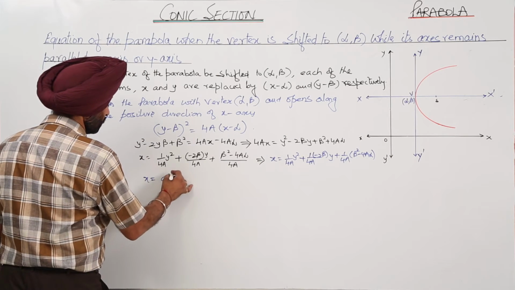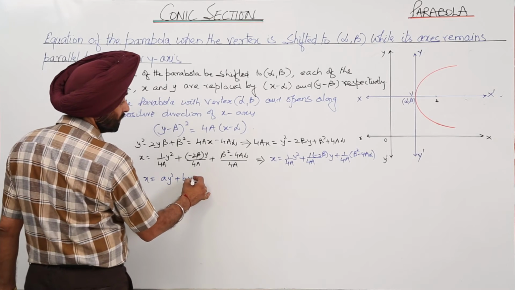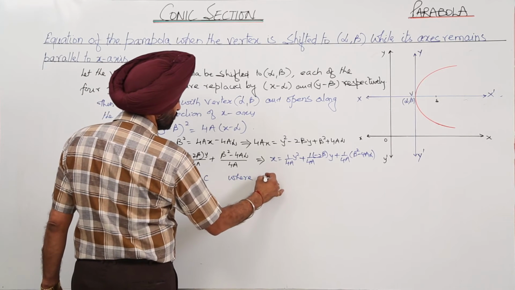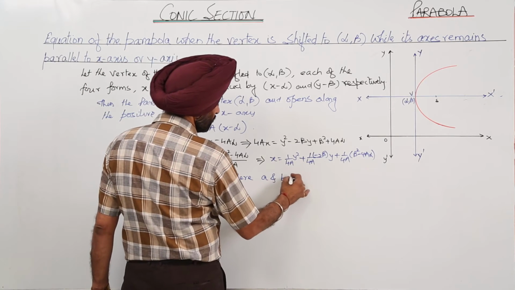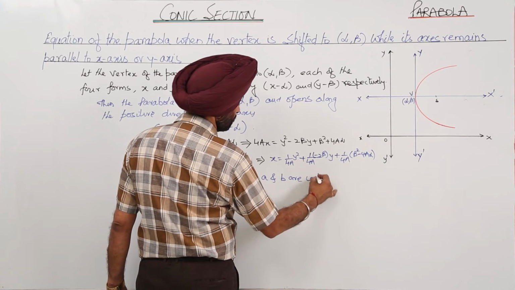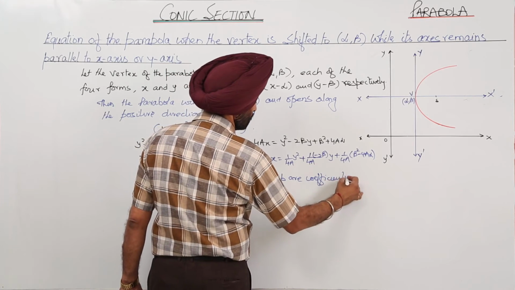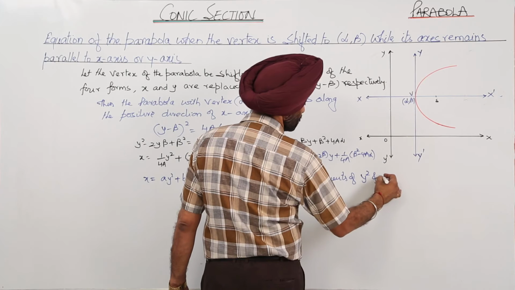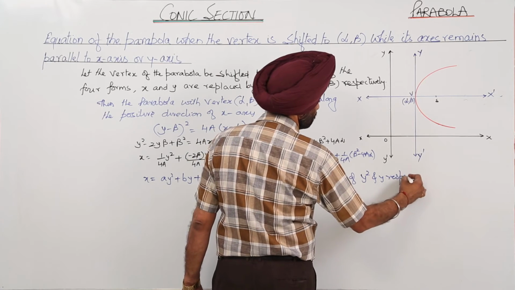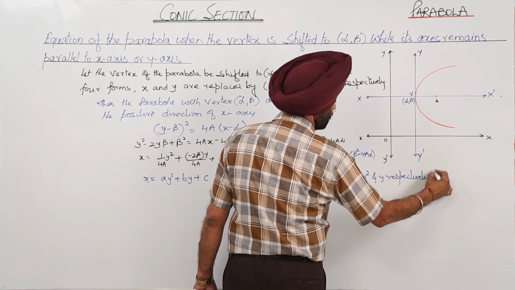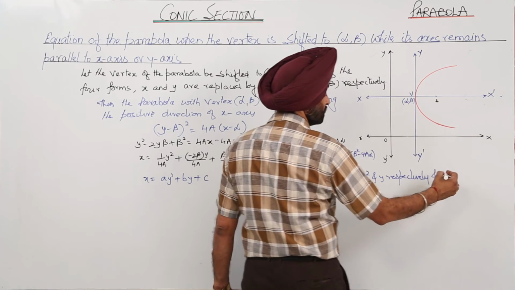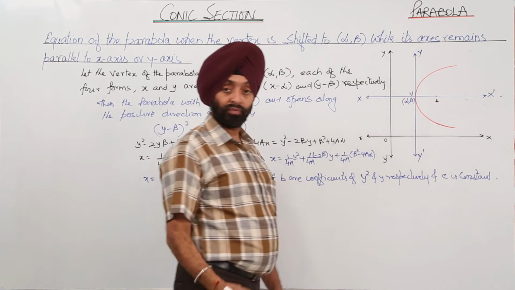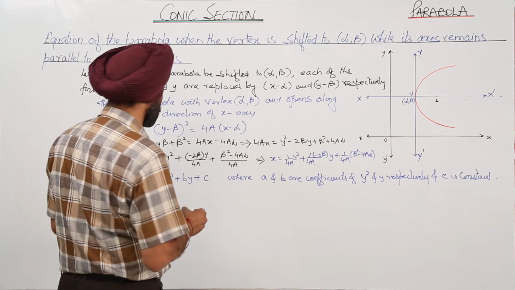So x is equal to ay square plus by plus c, where a and b are coefficients of y square and y respectively, and c is constant. Is it clear?